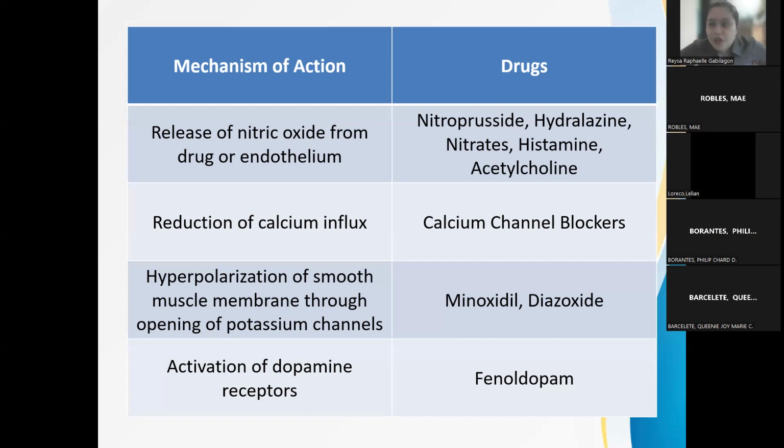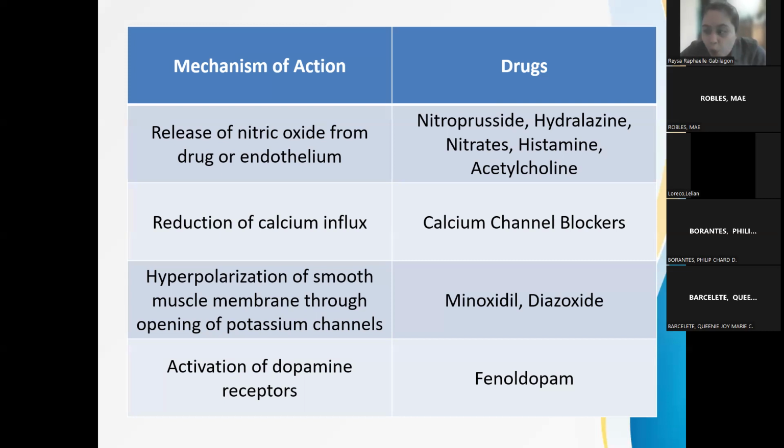It's not just about potassium. We also need calcium, especially for the myosin and the actin. If you can still remember your anatomy and physiology, these two muscle fibers will interact with each other, but only if calcium is present. When calcium is present, they interact and contraction begins.